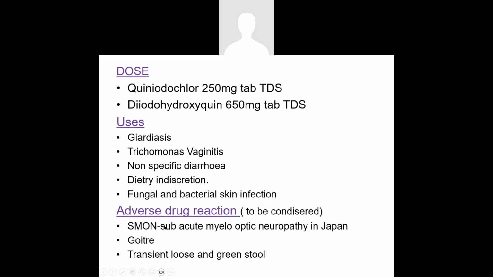The adverse effects include subacute myelo-optic neuropathy, goiter, and transient loose and green stool. Because of these side effects it is not preferred nowadays.